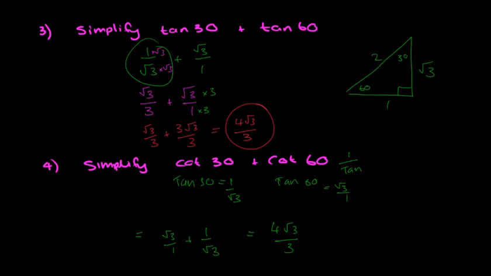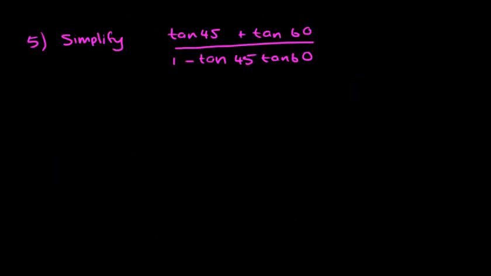Okay, all right. And for our last question, which is quite a challenging question, we need two different triangles. We need our 60 degree and 30 degree angle there. 60, 30, 1, 2, root 3. But we also need my 45 degree right angled triangle of 1, 1, root 2. And let's now put in our tan 45.